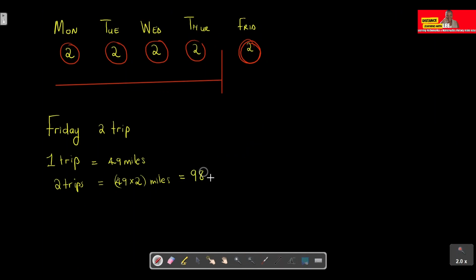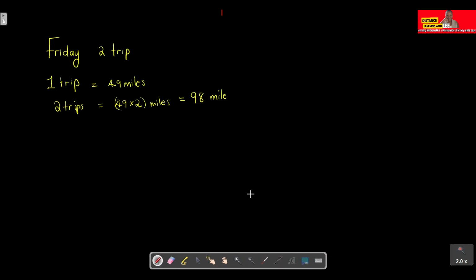Now from these 98 miles that he's going to use on Friday, we need to determine how many gallons of petrol that is, and from there we will be able to determine how much petrol he will have left in his tank. So how can we determine the gallons?